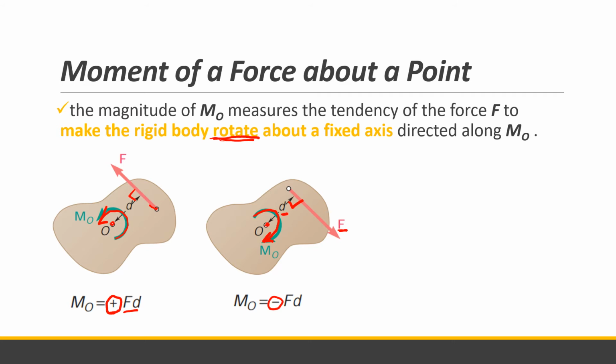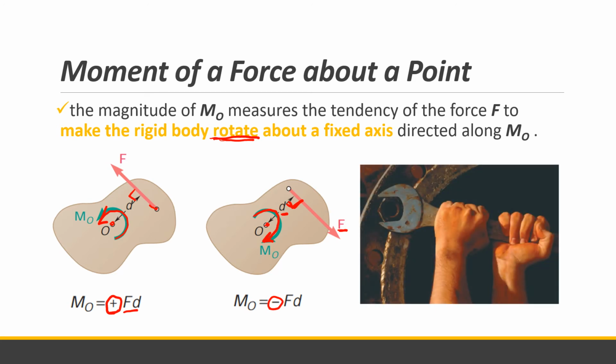So remember, always perpendicular yung distance d natin with respect sa direction ng F natin. So one good example of moment is ito. So example, we have a wrench and a bolt and nut. So the guy here is applying force. So say dito sa end na lang or dito.